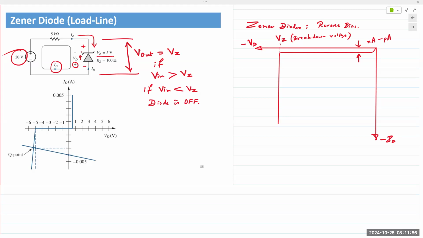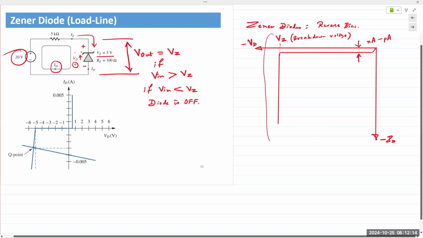And so IZ would be positive. The reason for this is that we use Zeners exclusively in the reverse breakdown region, and the voltage is taken parallel across the Zener diode with a positive reference at the cathode. Okay. And this is the region of interest right here.